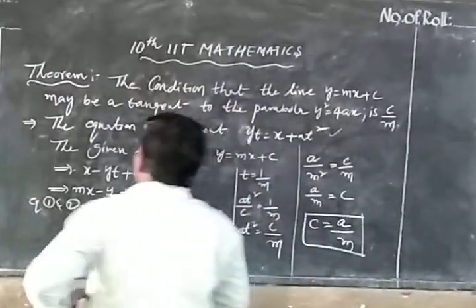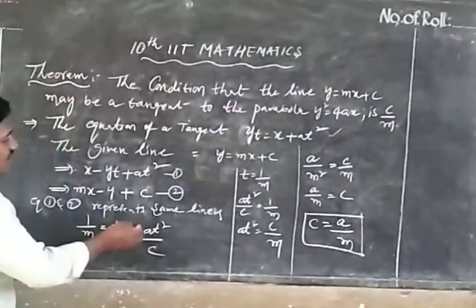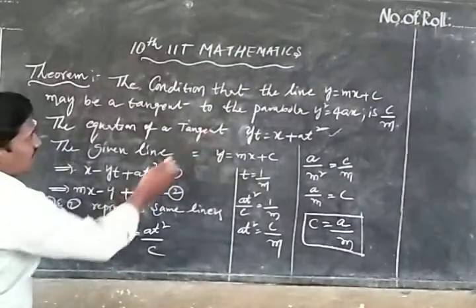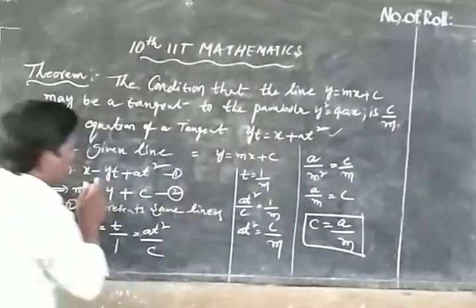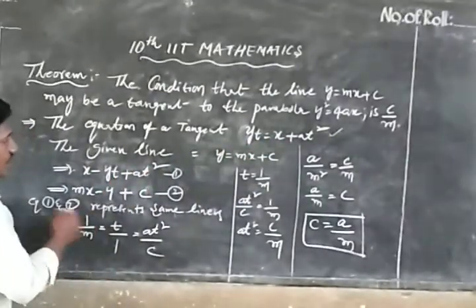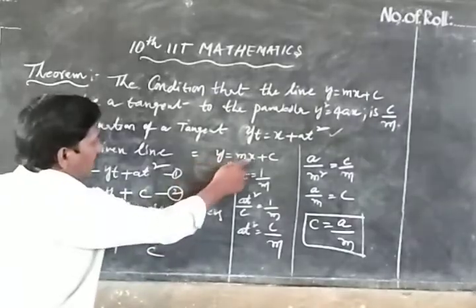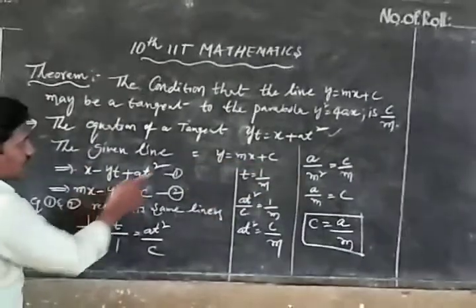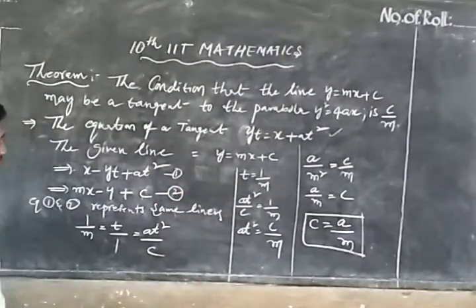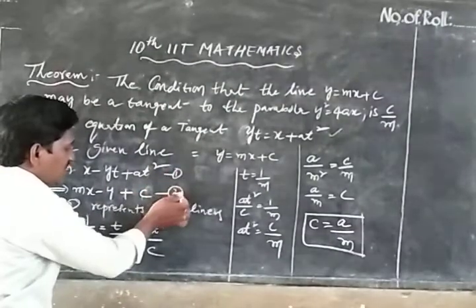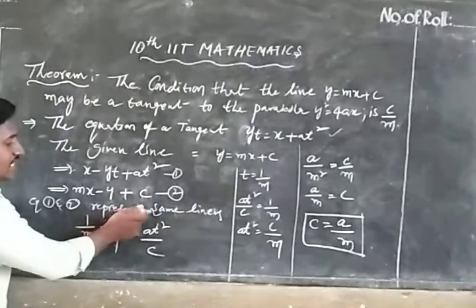Just rearrange the equations. Equation 1 is written as x minus yt plus at square. Next, mx minus y plus c, the second equation. Equation 1 and equation 2 represent the same line.